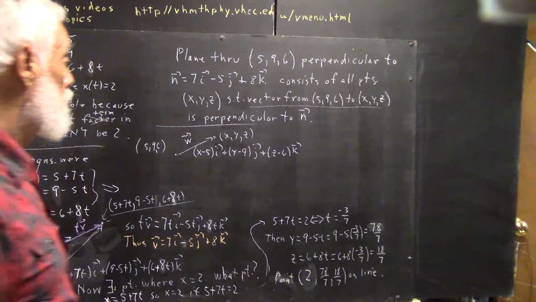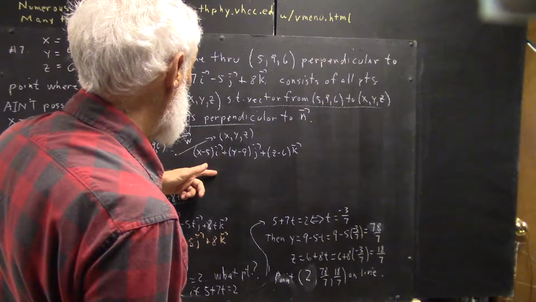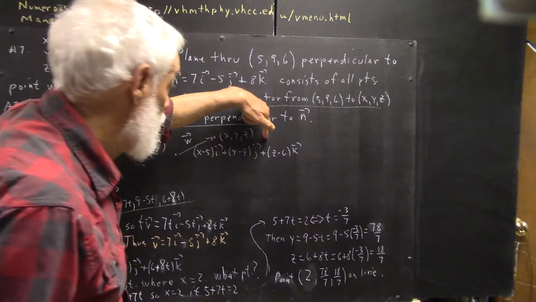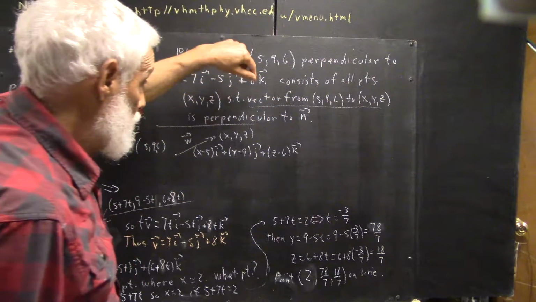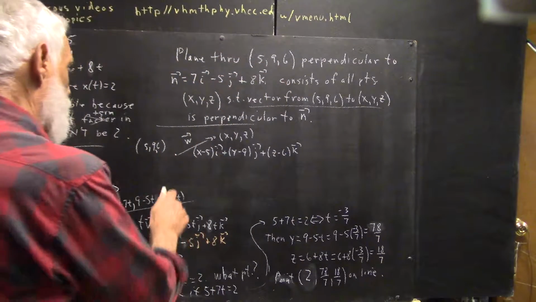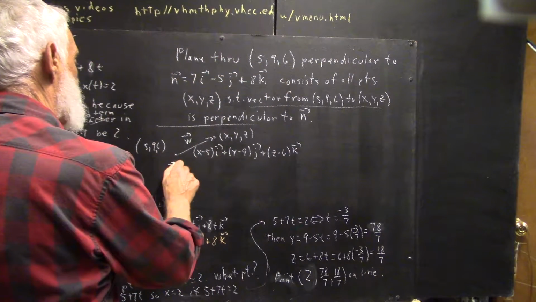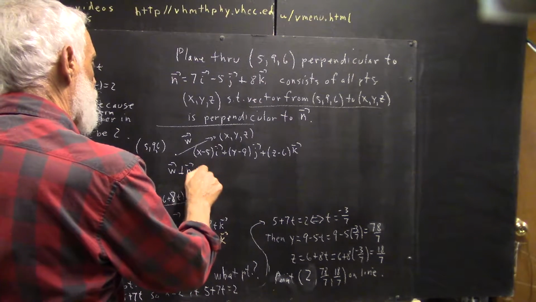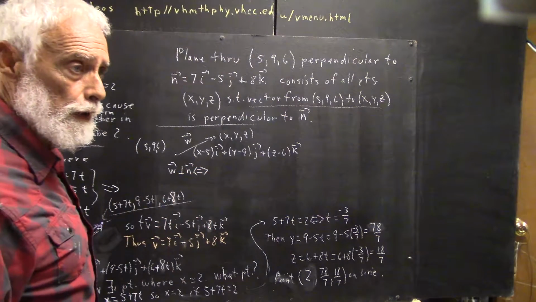Well, we've got this vector right there, and it says this vector is perpendicular to n. So w is perpendicular to n. What's the condition for w to be perpendicular to n?